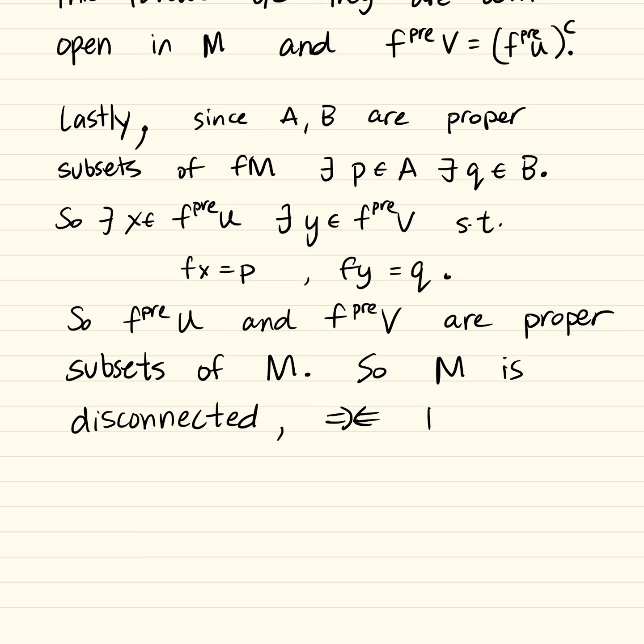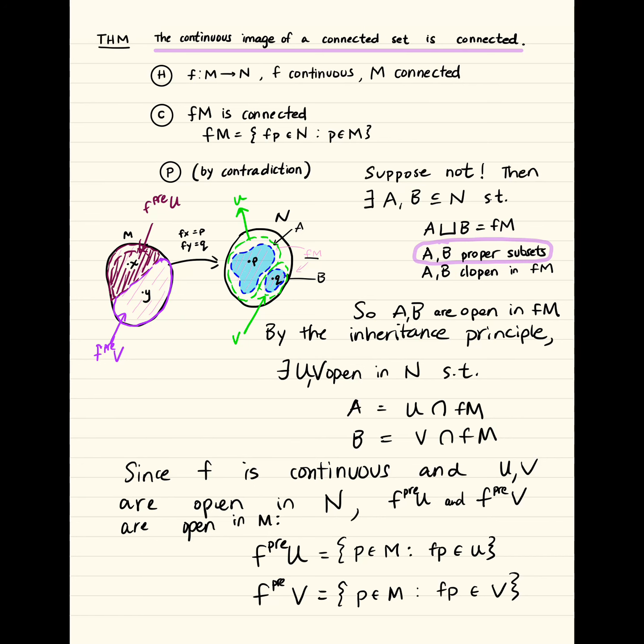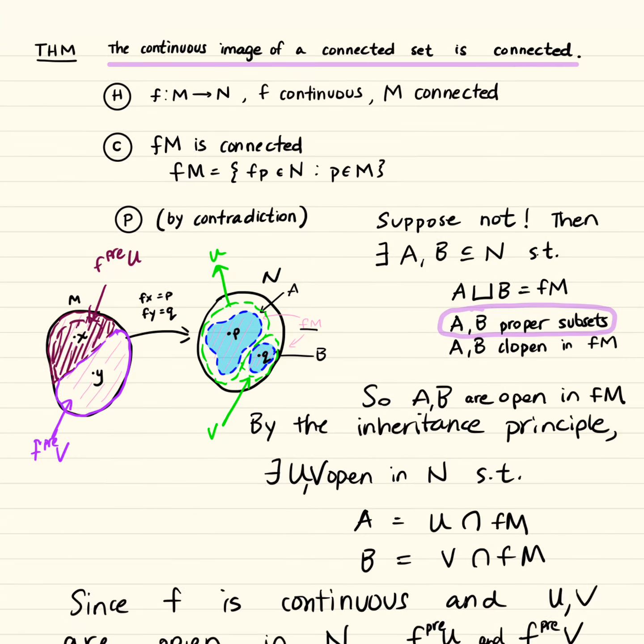Contradiction to hypothesis. Right? So it must be the case that F of M is connected, right? So our proof, we said suppose F of M isn't connected, then we'll have a separation of F of M, right?